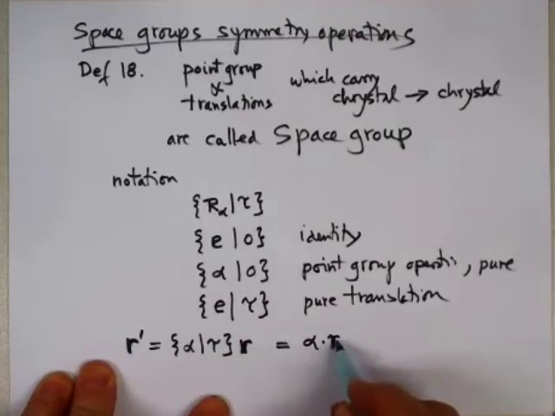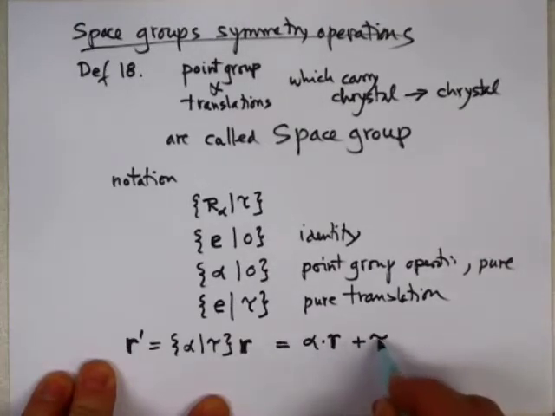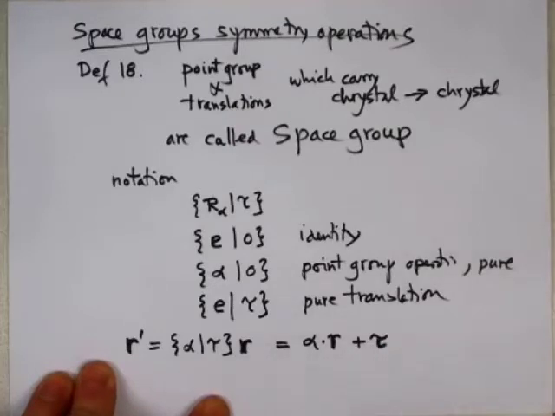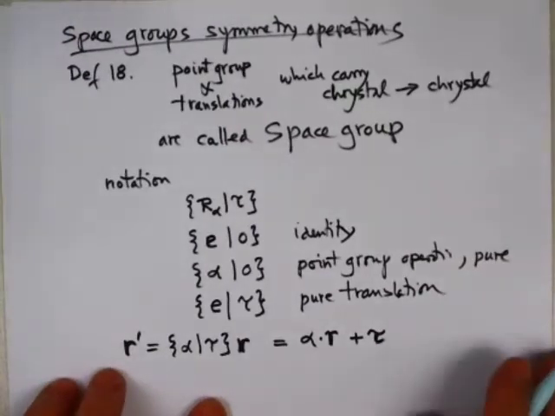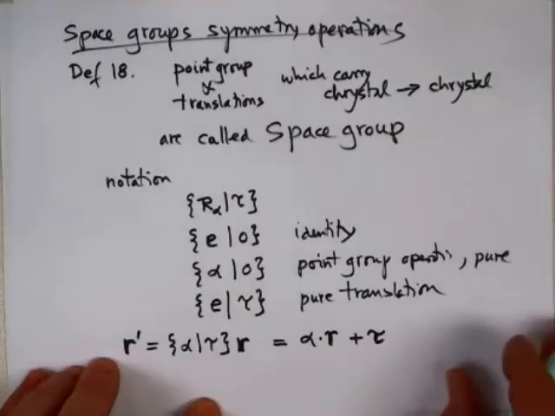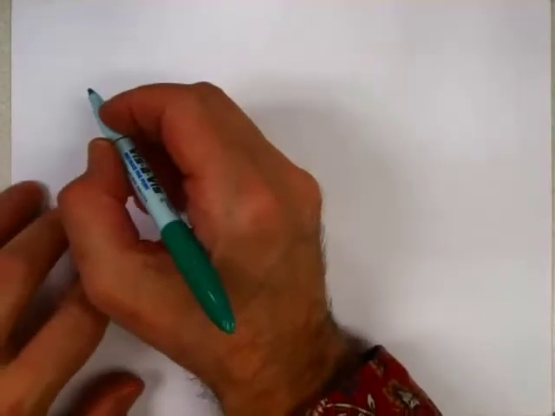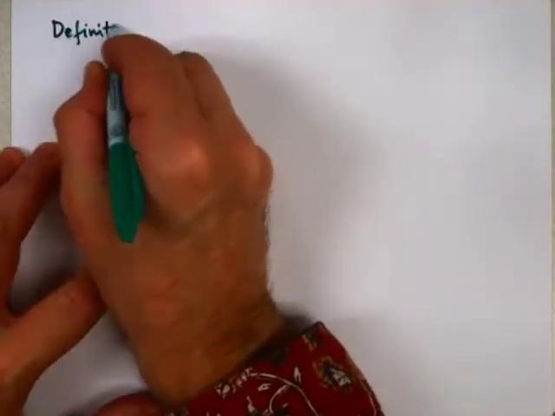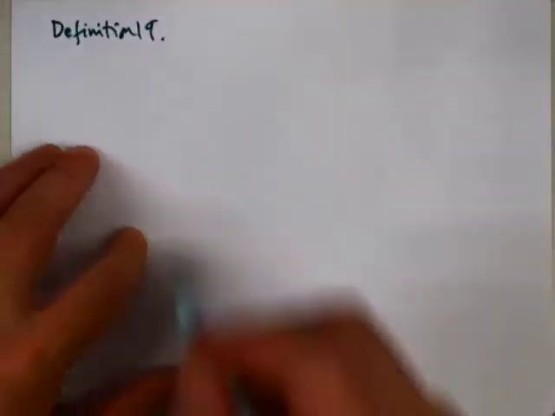Convention is we take that vector and we rotate it by rotation by alpha. And then we add to it a translation, so we move the origin to some other point. So, what is the multiplication table for this group? Here is a Dresselhaus definition, 19.